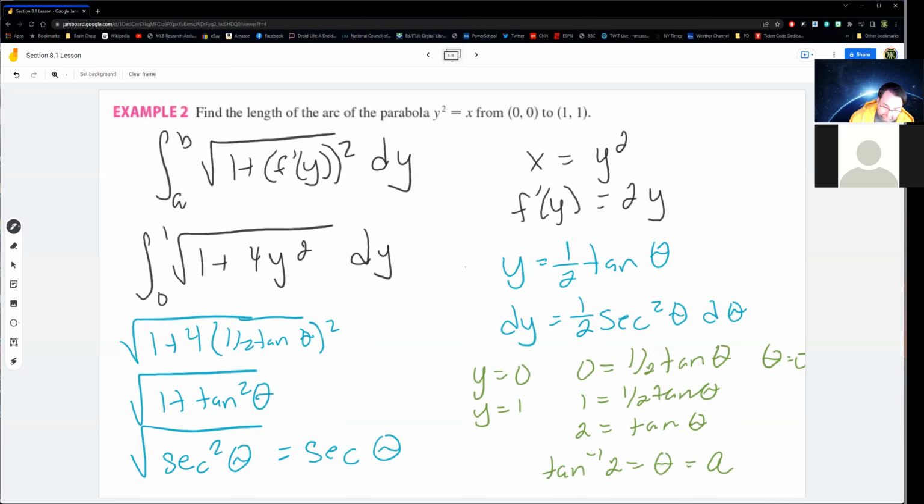All right, so my original problem, we had the integral from 0 to 1 of the square root of 1 plus 4y squared dy. So the square root is secant theta.